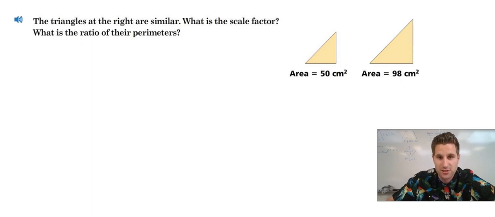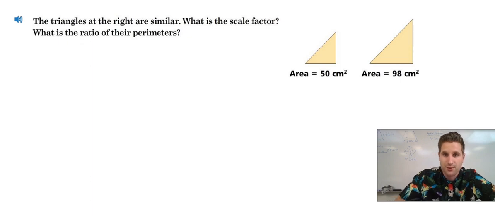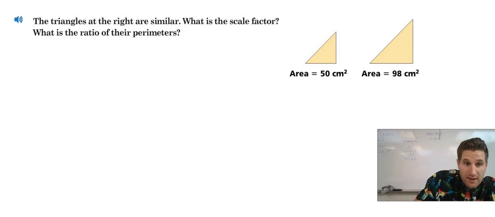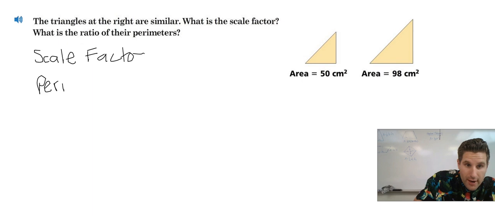Okay, the triangles at the right are similar. What is the scale factor? What is the ratio of their perimeters? Okay, so we've got three things going on. We've got scale factor, we've got perimeter ratio, and then we've got area ratio.